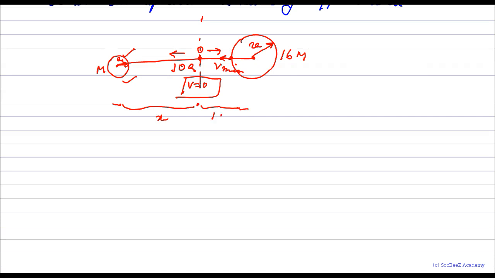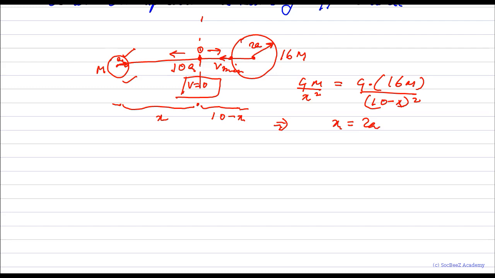Definitely this distance is going to be 10a minus x. Since the gravitational field at this point O is equal to 0, I can write GM upon x squared must be equal to G into 16M upon (10a minus x) squared. On solving this, I'll get x equals 2a.